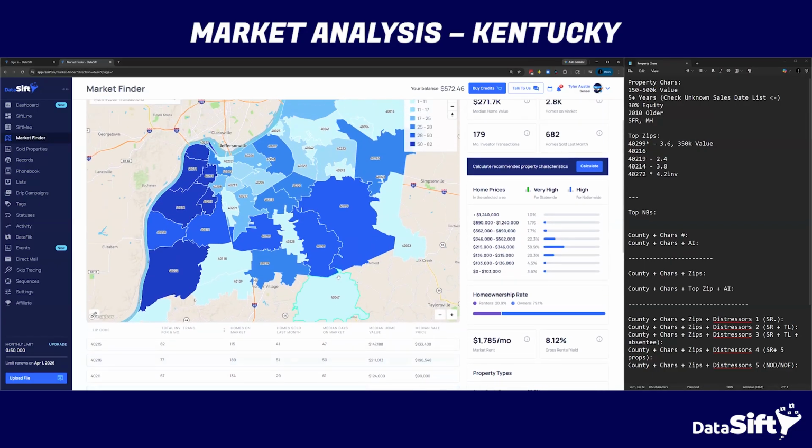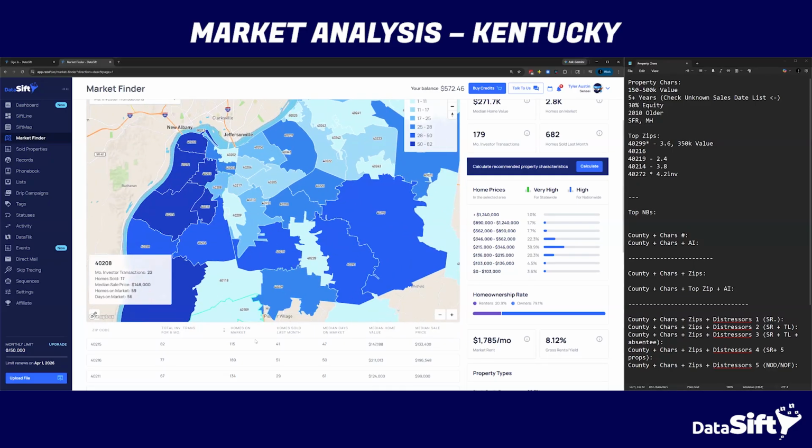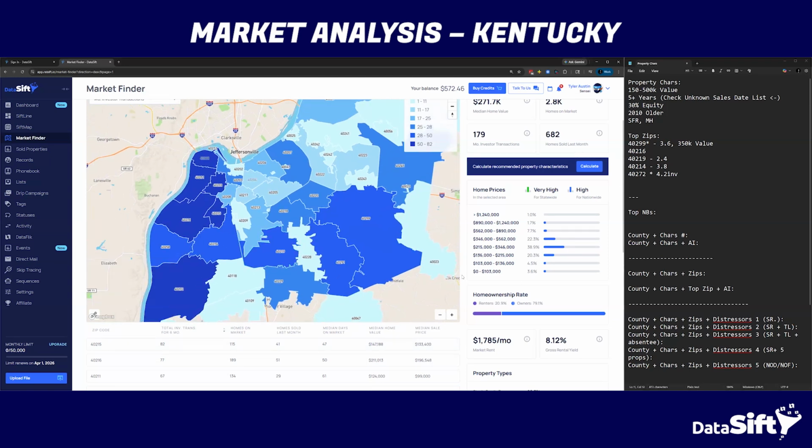40219. Let's see where it's at here. 40219. Where are you at? On the left of 291, in the middle, right next to the whiting.